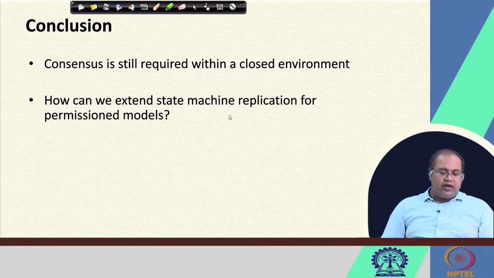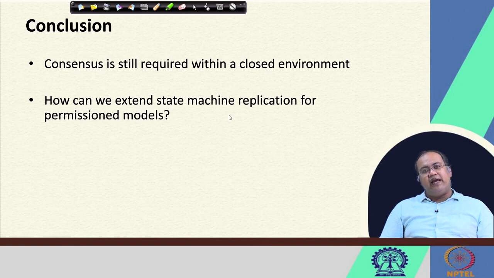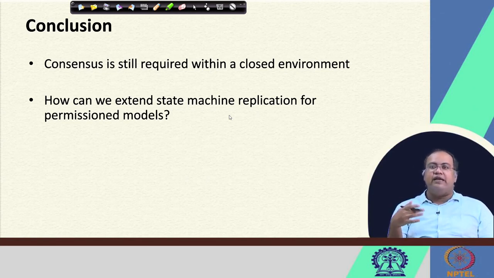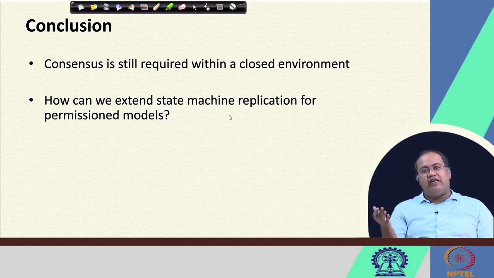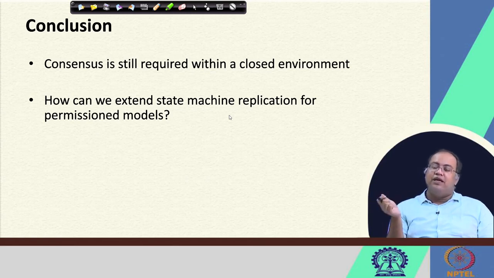So, in conclusion, what we have seen today is that we can utilize this state machine replication based architecture for smart contract execution on a closed blockchain network or a permissioned blockchain network, where you represent your smart contract in the form of a state machine and replicate it into individual nodes, and these nodes execute the state machine locally and come to a consensus by exchanging messages among themselves.